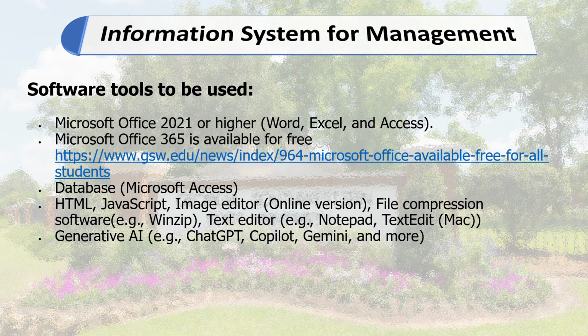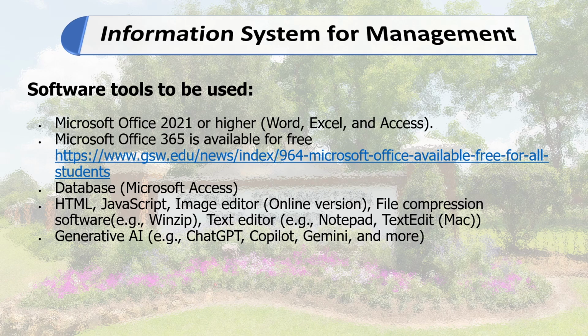On top of that, we're going to use a database, Microsoft Access, which is part of the Office product. Actually, you need to download it separately if you don't have Microsoft Access installed in your package. More information is available in the module in GoView.